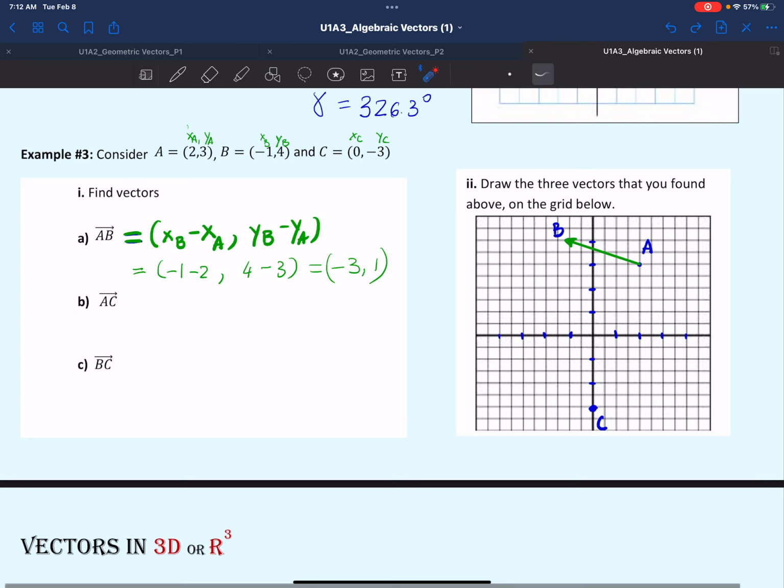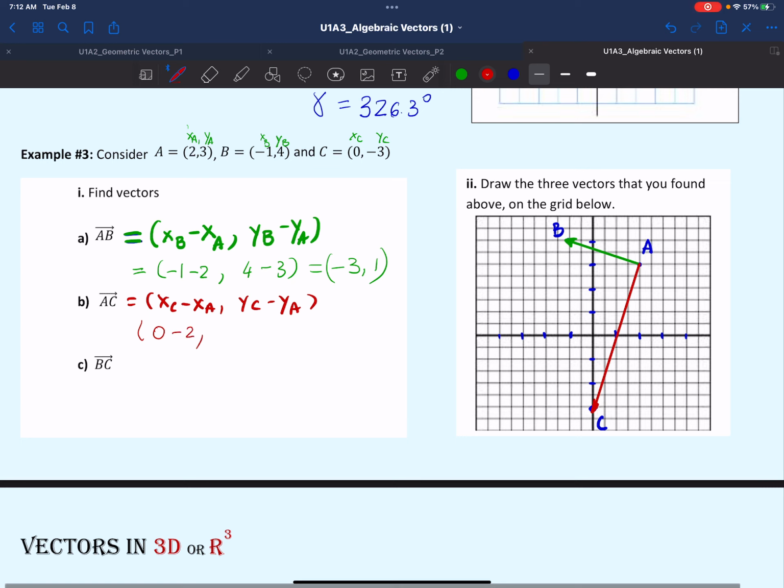Now let's do AC in a similar way. I'm going to make this red. Start at A and end at C. We'll say that we have XC minus XA, comma, YC minus YA. So x at C is 0, x at A is 2, so 0 minus 2.